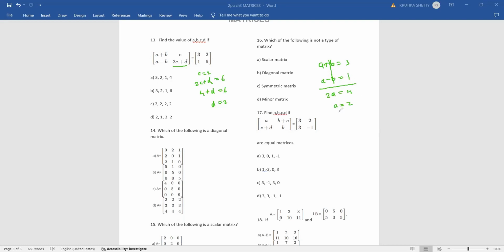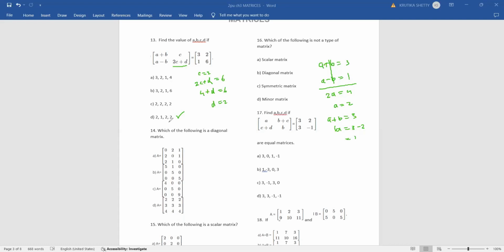A value will also be equal to 2. Again, using the first condition, A plus B is equal to 3, B value will be equal to 3 minus 2, which is 1. So of the given options, option D will be the right answer. 2, 1, 2, 2 will be the values of A, B, C, and D.